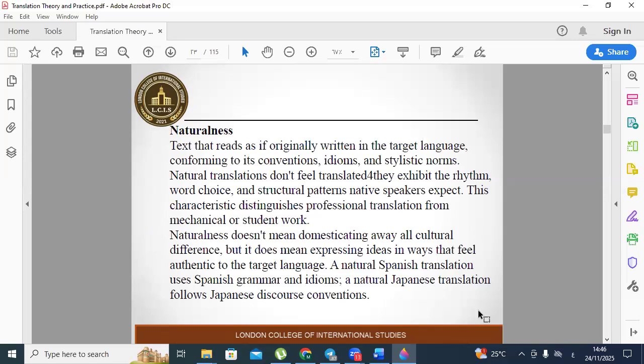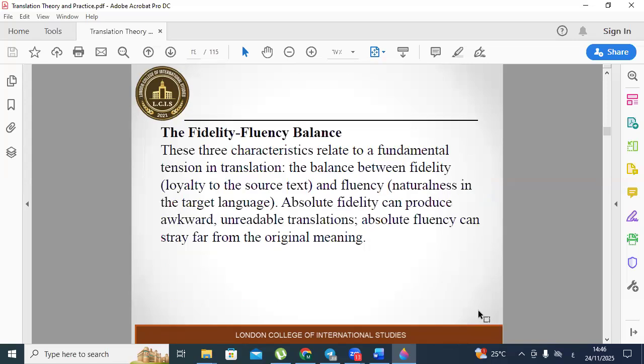This characteristic distinguishes professional translation from mechanical or student work. Naturalness doesn't mean domesticating away all cultural differences, but it does mean expressing ideas in ways that feel authentic to the target language. A natural Spanish translation uses Spanish grammar and idioms. A natural Japanese translation follows Japanese discourse conventions.